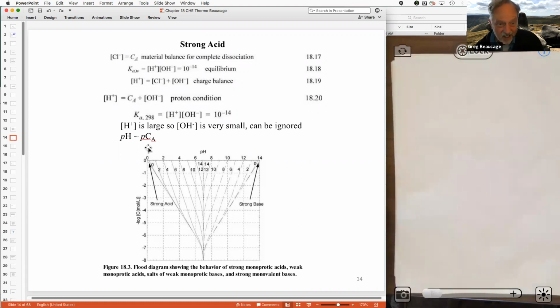Acetic acid is going to have its own line here. And where that line crosses, where your H, we'll go through this in a minute, where things cross here tells you something about what's going on. So this is a plot of concentration of what you put in versus pH, and they're both on a log scale.